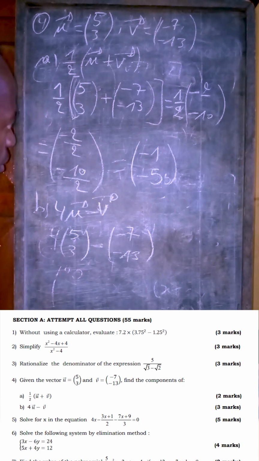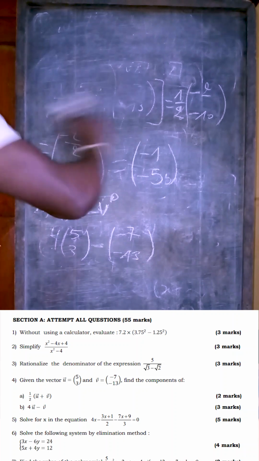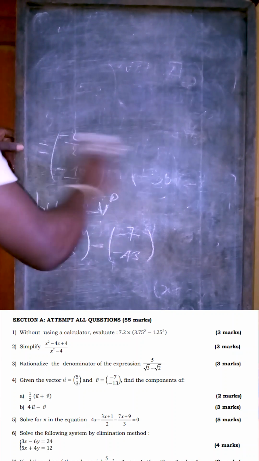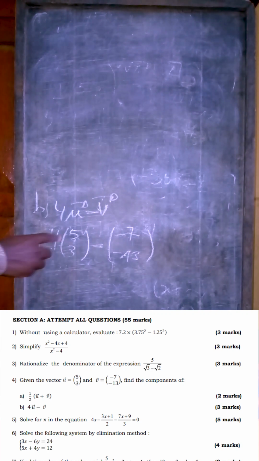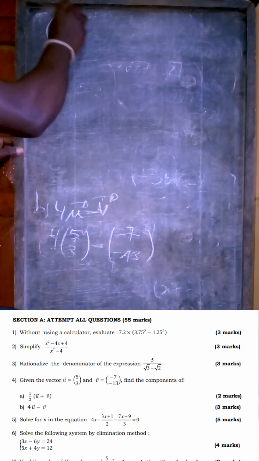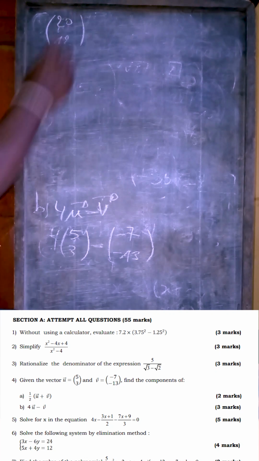Let us continue. 4 times 5 is 20. Then 4 times 3 is 12.